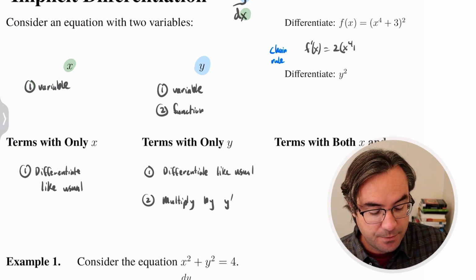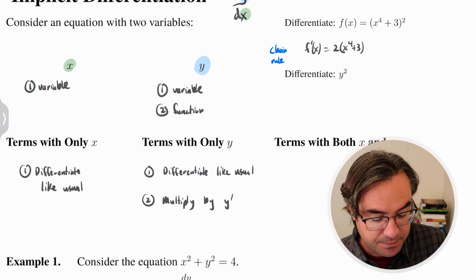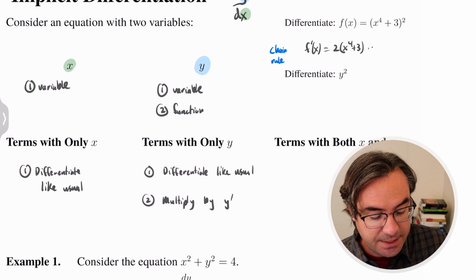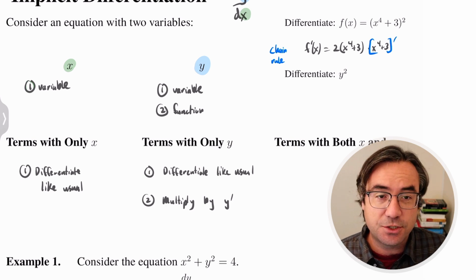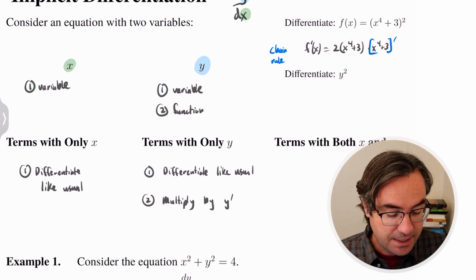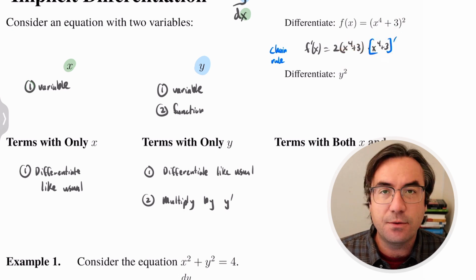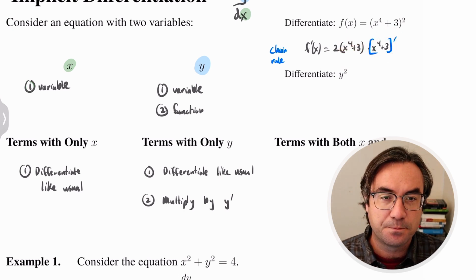We're going to keep the term inside the parentheses exactly the same, and then we subtract 1 in the exponent. We don't normally write an exponent of 1. And then we take all the terms that are inside, and we multiply by their derivative. So that's chain rule. It's the derivative of the outer squared function times the derivative of the inner function, the stuff inside the parentheses. And then we would keep differentiating from there.